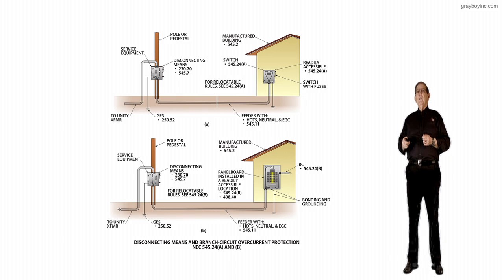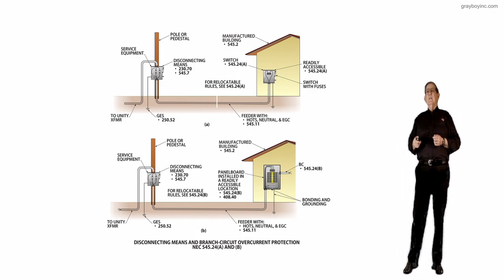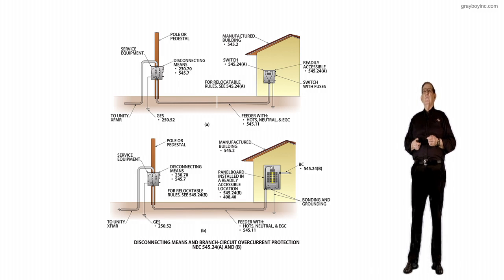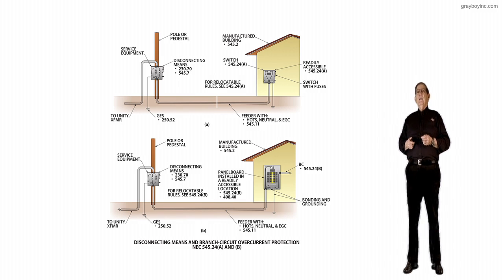And again, we know that this building can be relocated as permitted in 545.24(A). And then we can define this building in 545.2. And then notice the call out to the right of the disconnect.